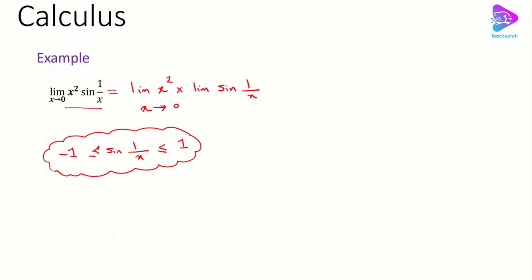The easiest way to do that is just to multiply this form by x squared, and we get negative x squared, which is less than or equal to x squared sine of 1 over x, which is less than or equal to x squared.